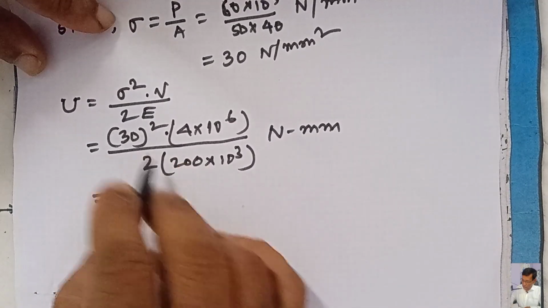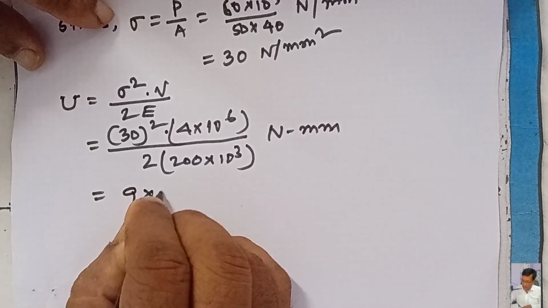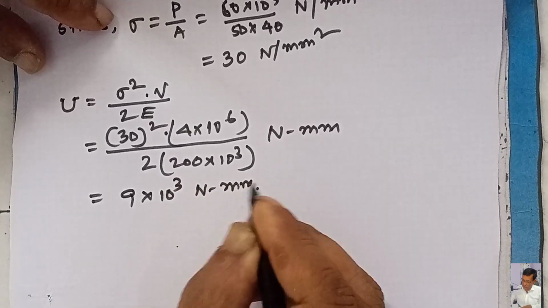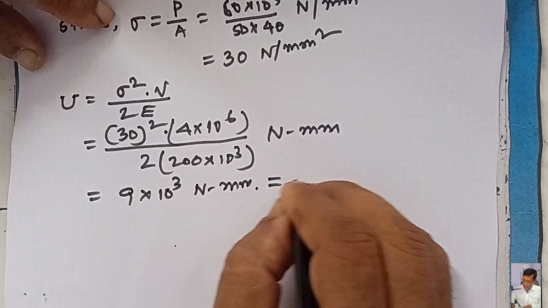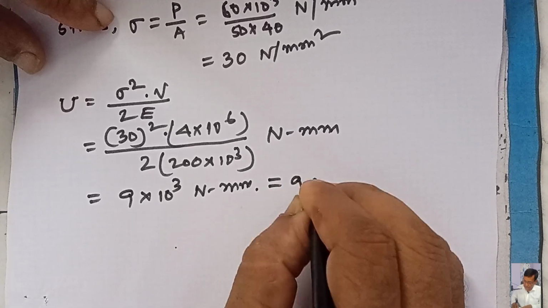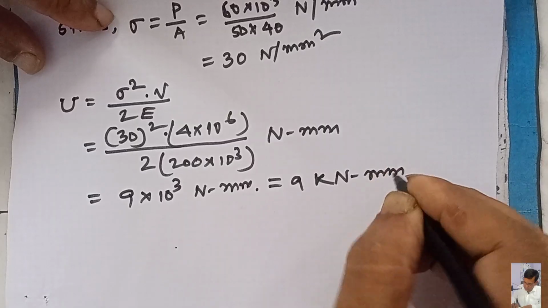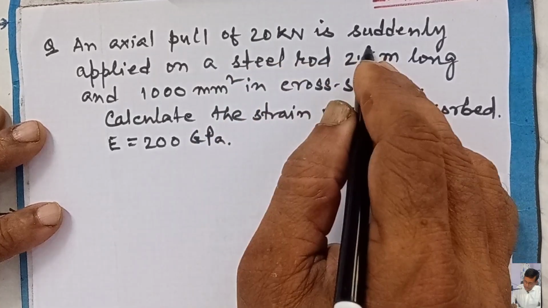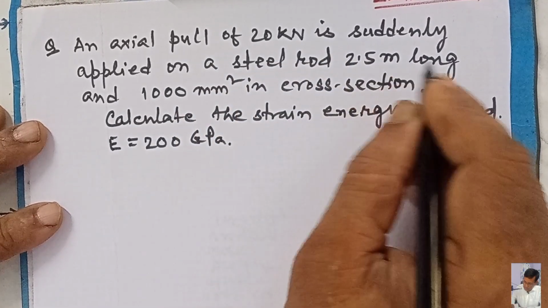If we cancel, then we will get 9 into 10 to the power cube Newton millimeter. Or we can write it 9 kilonewton millimeter. This is the answer.